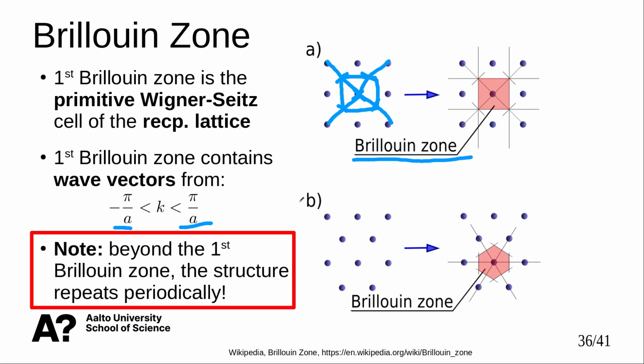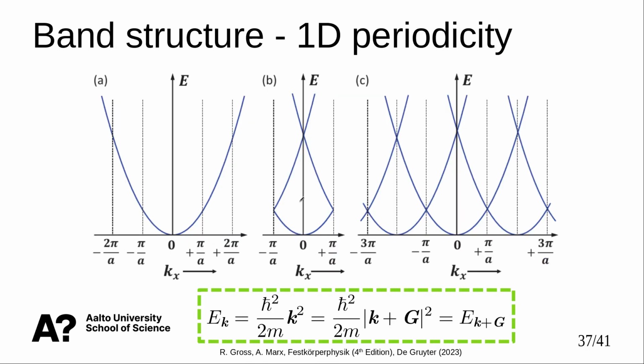Why is the Brillouin zone concept that important? Let's take a look and assume that we have a one-dimensional periodic potential or system. If we solve the Schrödinger equation for a one-dimensional system, what we end up with is that our energy values are basically a parabola, right?